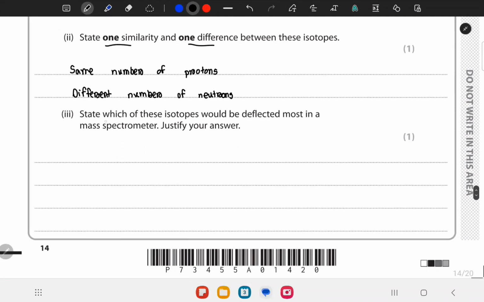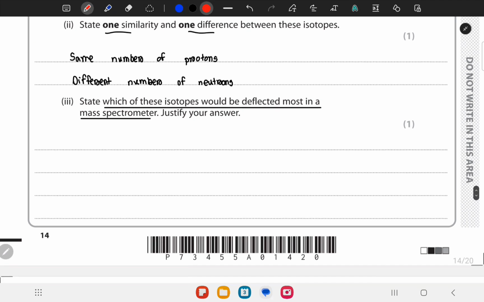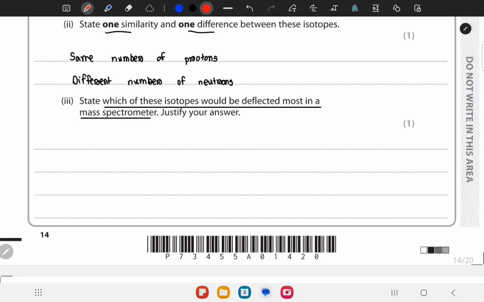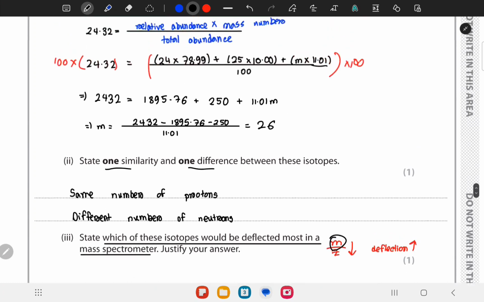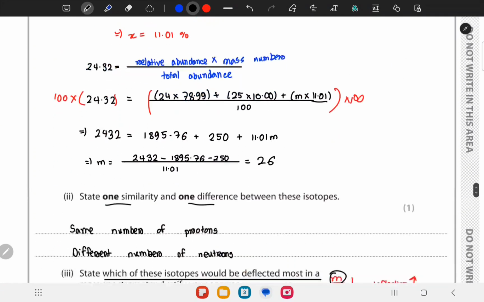Now we have to state which of these isotopes would be deflected most in a mass spectrometer. In a mass spectrometer, the lower the m by z ratio, so the mass by charge, the lower the ratio, the greater the deflection. In this case, the charge would be the same, 1+. And the mass of magnesium 24 is the lowest.